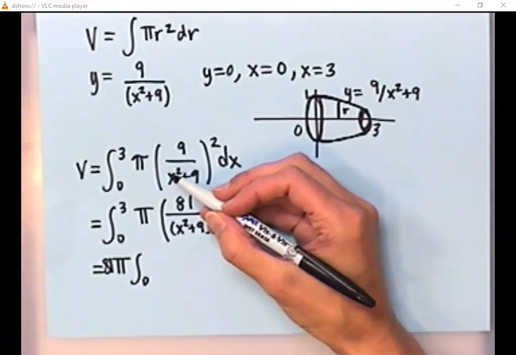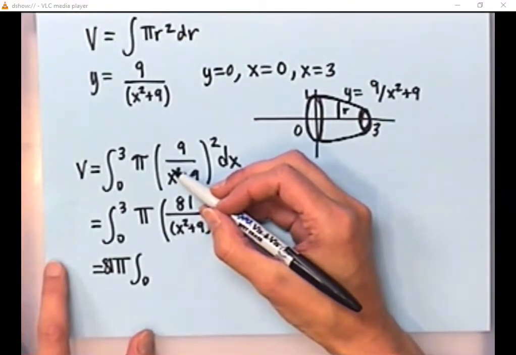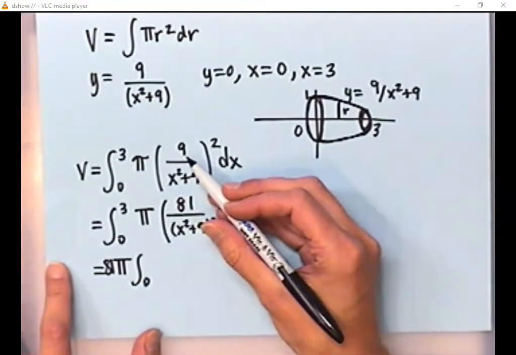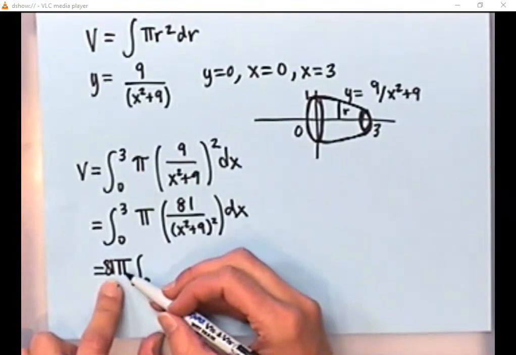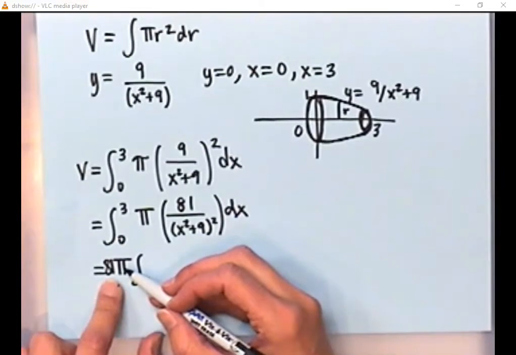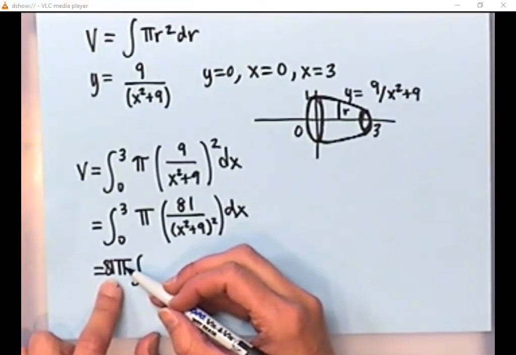You got that set up so far? Yes. So 9 squared becomes 81, and I just pull that out front with the pi, because those are constants. So don't forget that part, because you have to square the volume.